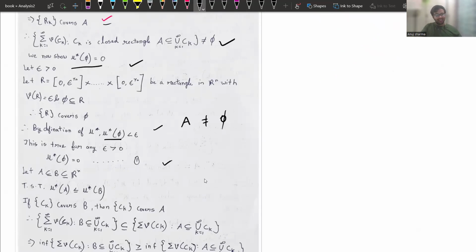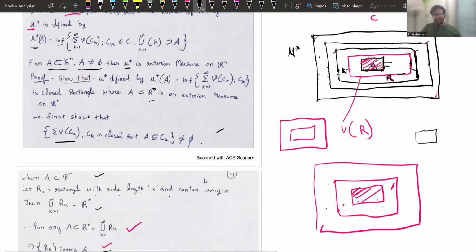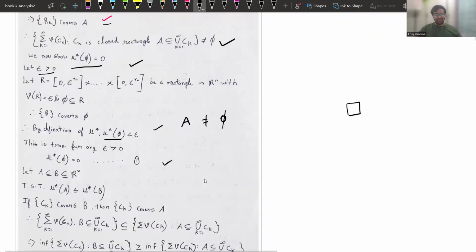So let's prove this. Let epsilon naught be greater than zero. Let there be some smaller rectangles, in all the rectangles, that have a boundary length of epsilon naught. Epsilon naught is the boundary length. It's saying, let there be a rectangle R_n with volume.